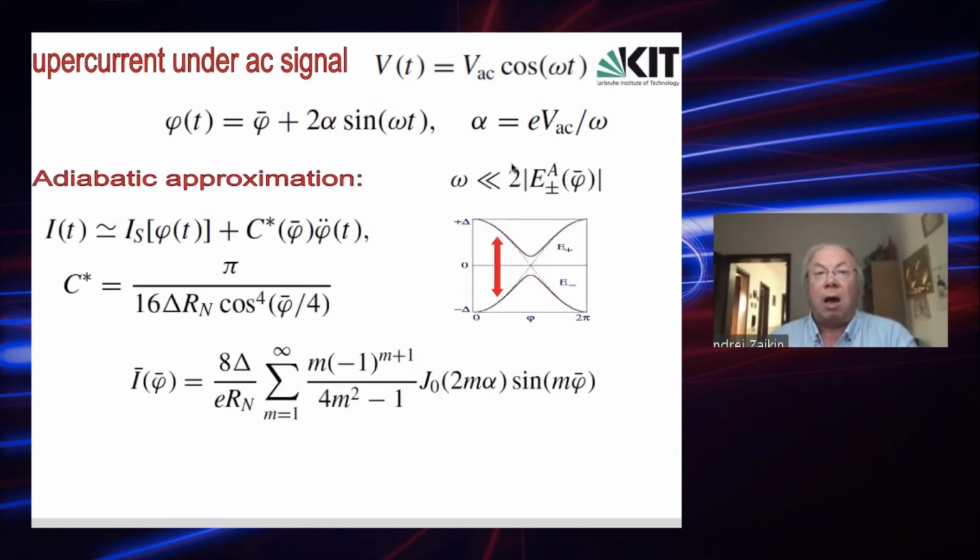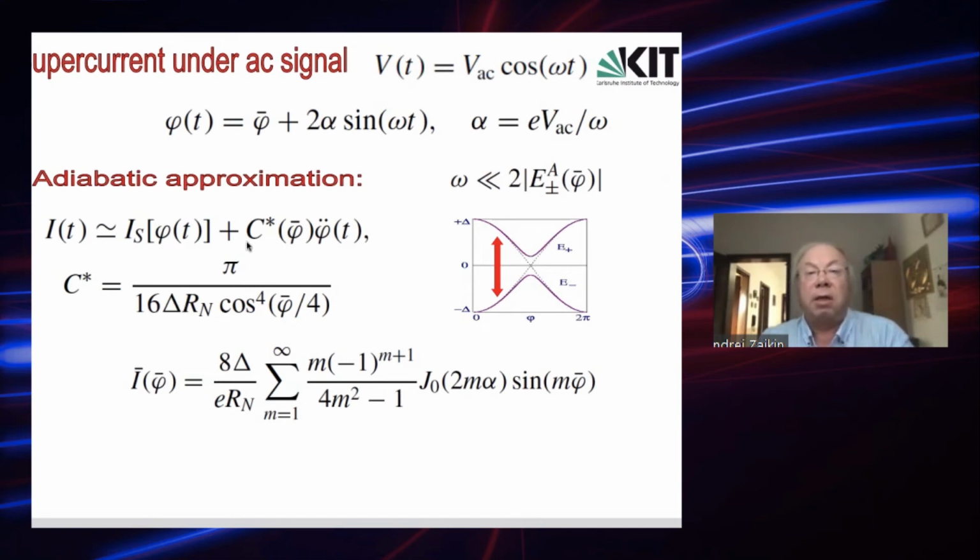Now, if you restrict yourself to frequencies smaller than the distance between Andreev levels, then you can easily reconstruct the result, which has this form. This is just the equilibrium supercurrent as a function of this phase.